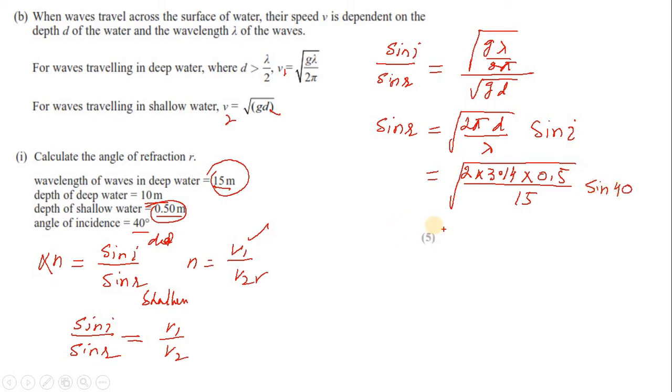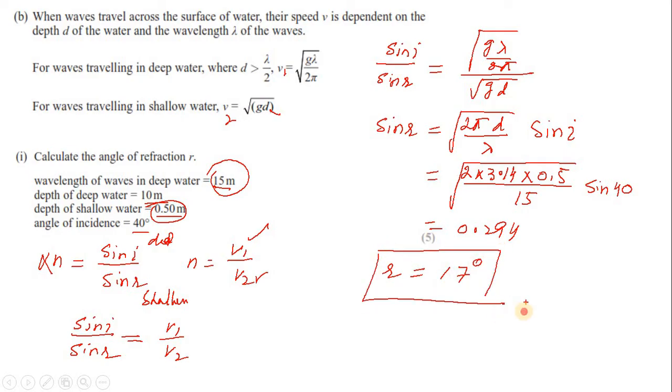So sine of r would be equal to 0.294, and r will be sine inverse, so 17.1 or 17 degrees. This is your angle of refraction.